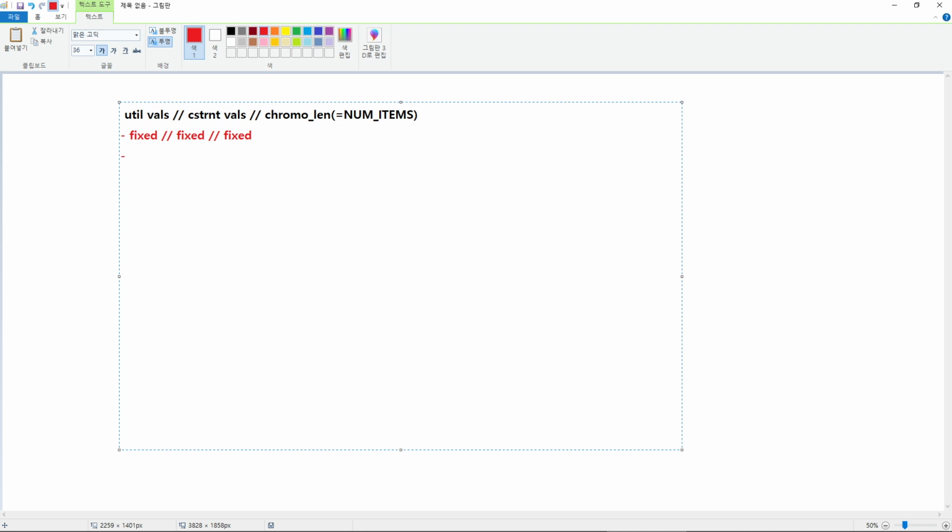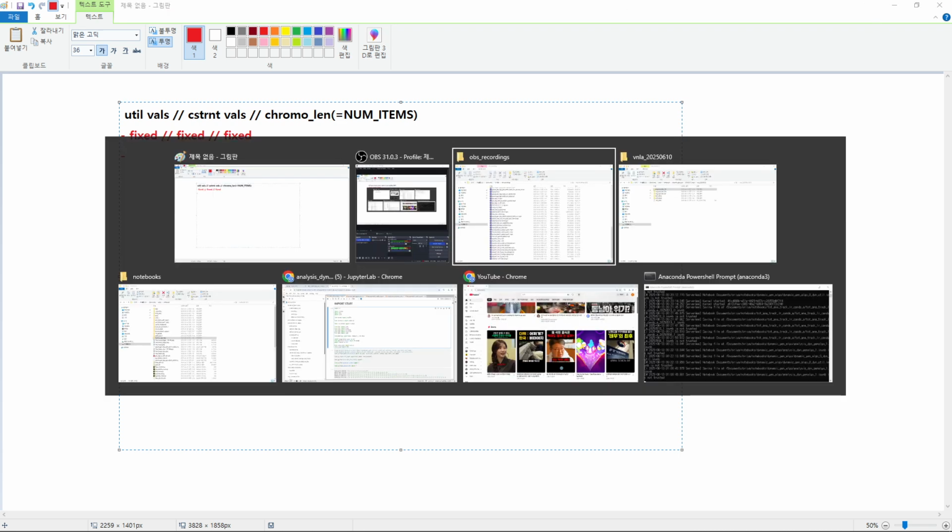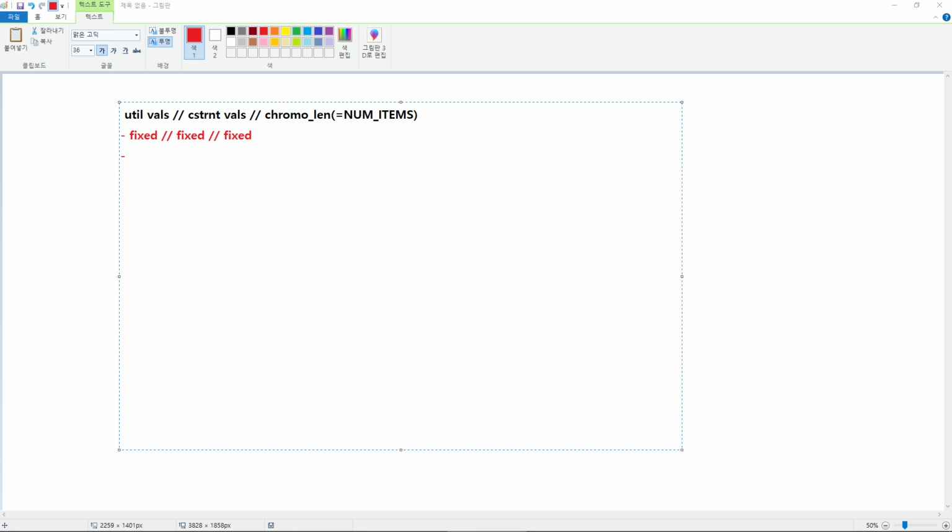And then for about 2 weeks, I covered this, where the utility values were fixed and constraint values were fixed, but the number of items or chromo length would vary.